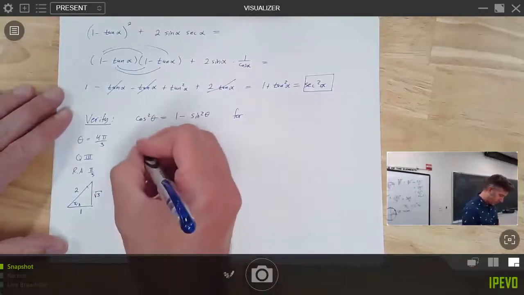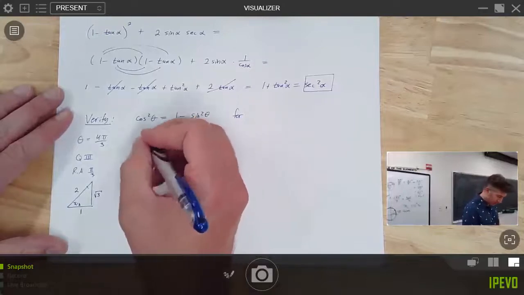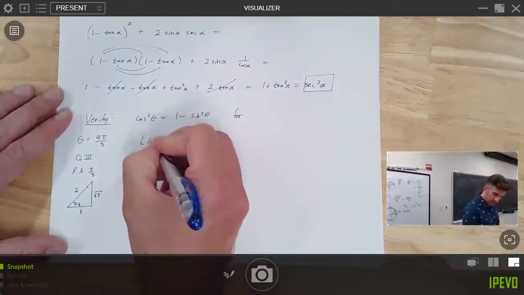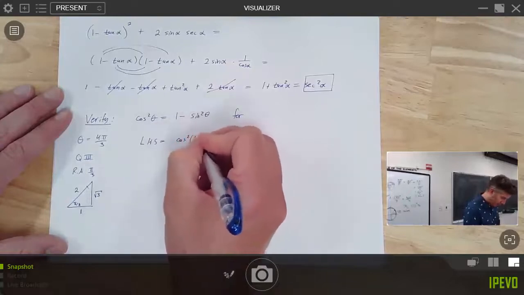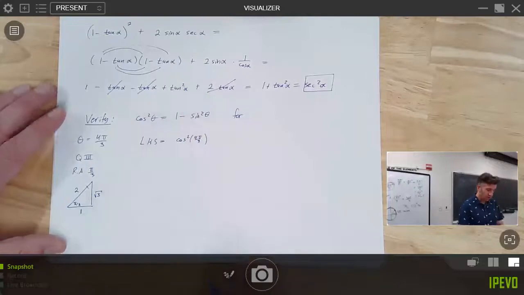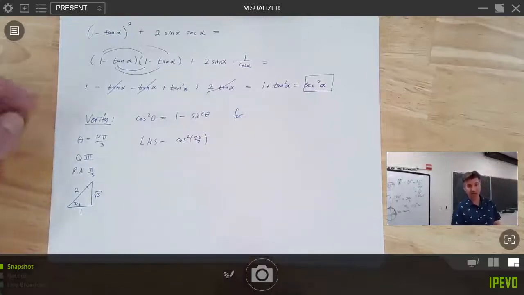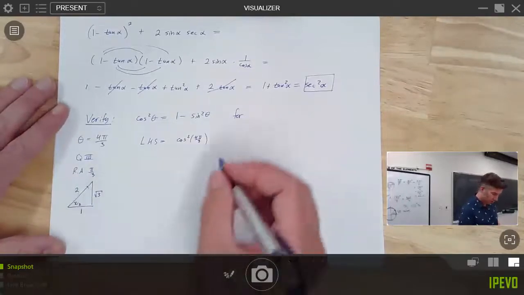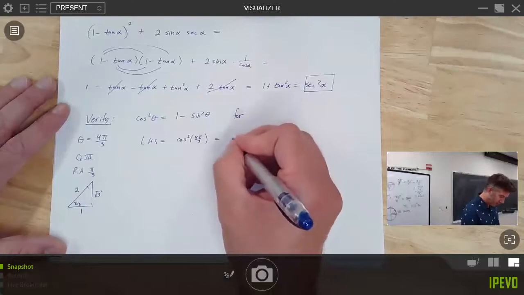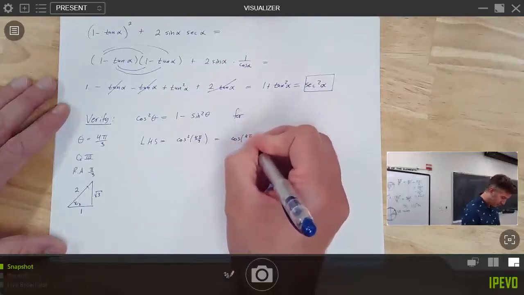So here's how I like to work this. The left-hand side is cosine squared of 4 pi over 3. We know we're in quadrant 3, so both sine and cosine will be negative. Cosine of pi over 3 is 1/2.